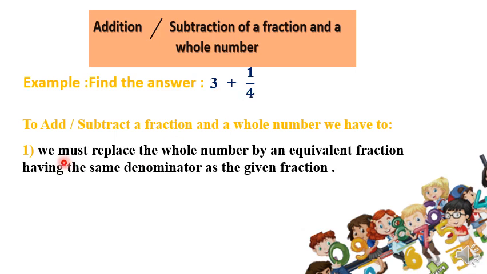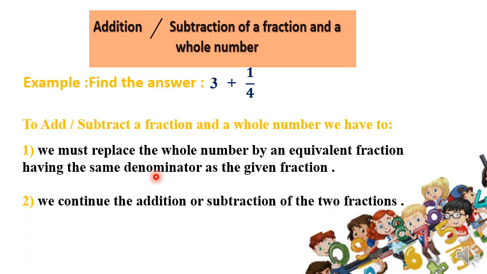So I replace the whole number by an equivalent fraction having the same denominator as the given fraction. Now, step 2, we can continue. Continue by adding or subtracting the two fractions because now they have the same denominators.